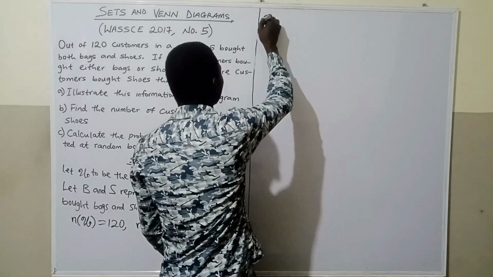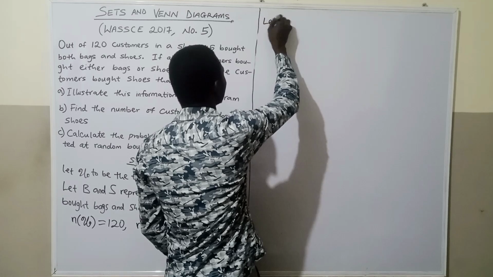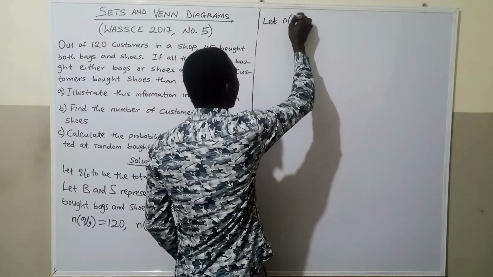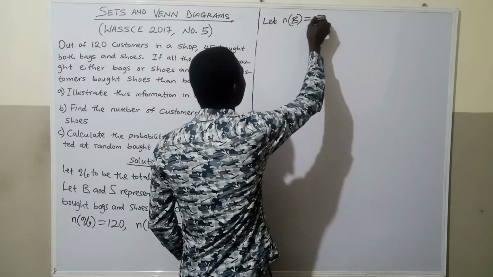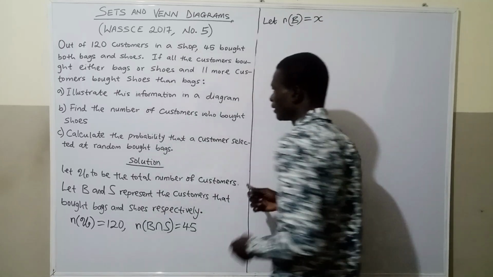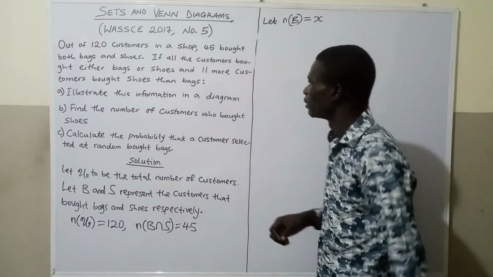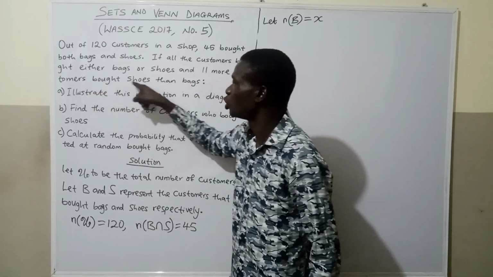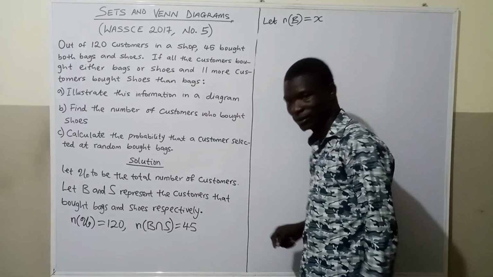So we say, let the number of customers that bought bags, let them be what? X. So the information says 11 more customers bought shoes than bags.